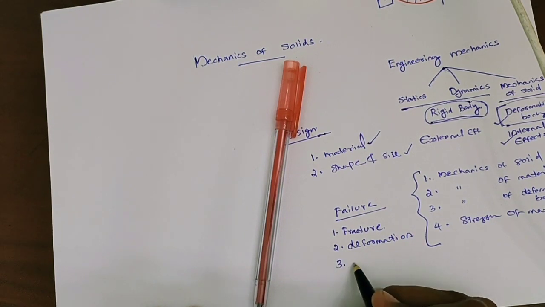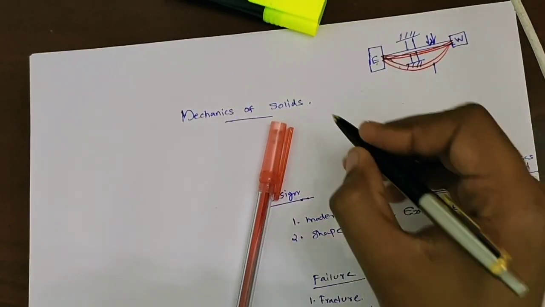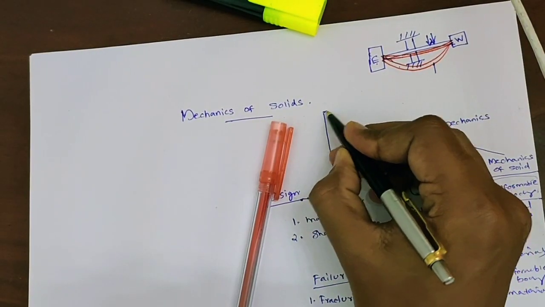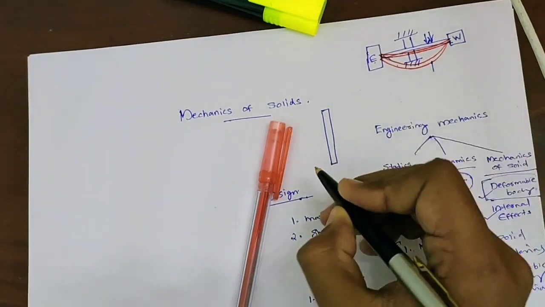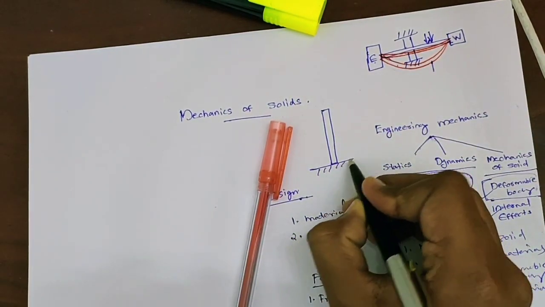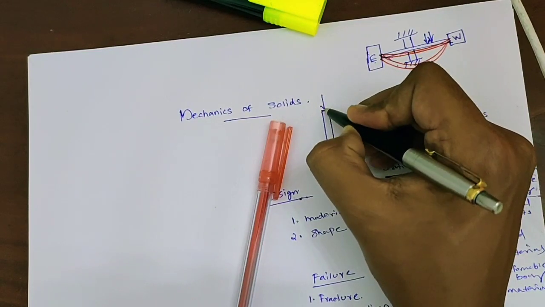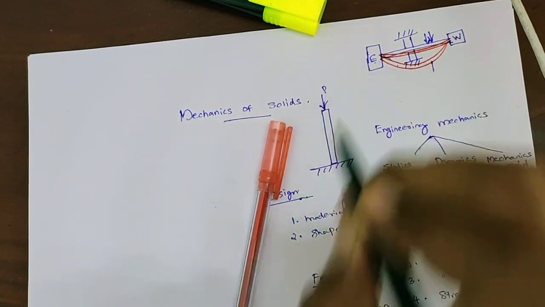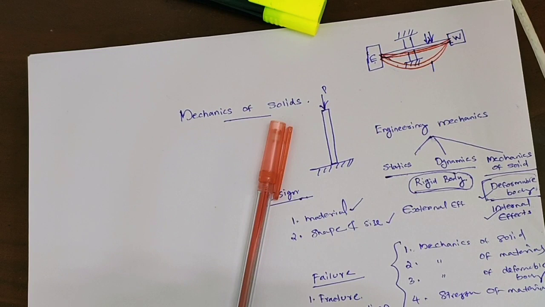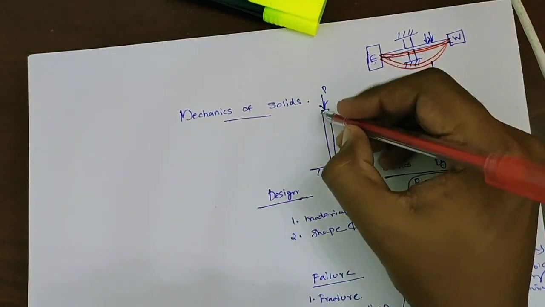And third one is the unstable condition. That is also another mode of failure. For example, consider a column which is used to transfer the load from the roof to the ground. Here a load P is acting on this vertical column, and it starts to buckle.